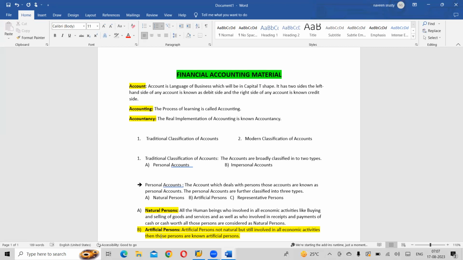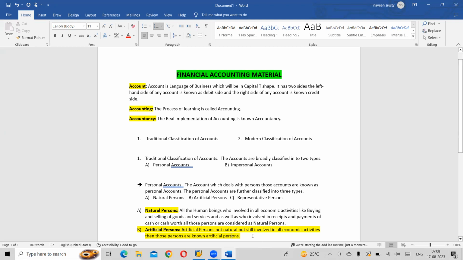Clear? Anything, bank, college, or company, right? Next, hospitals, restaurants, shopping centers or shopping malls, whatever you call them, which are involved in business activity and are not natural persons, are considered artificial persons.